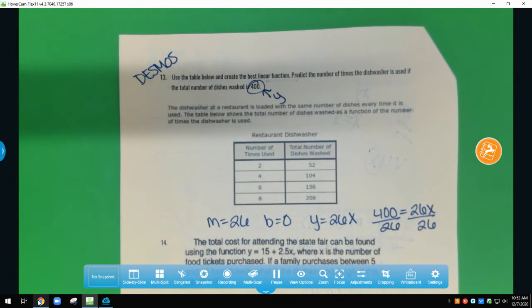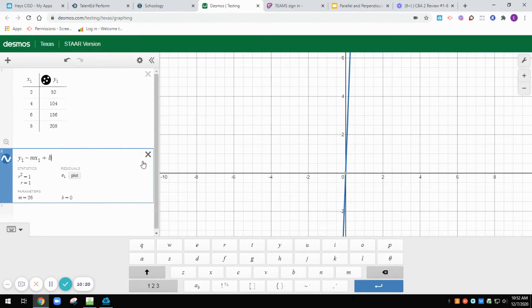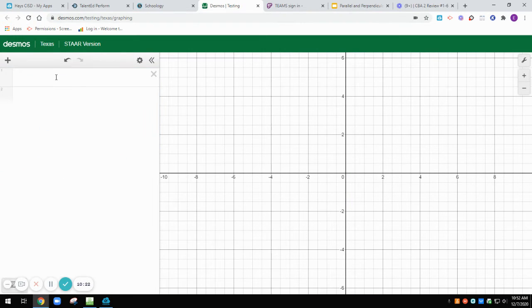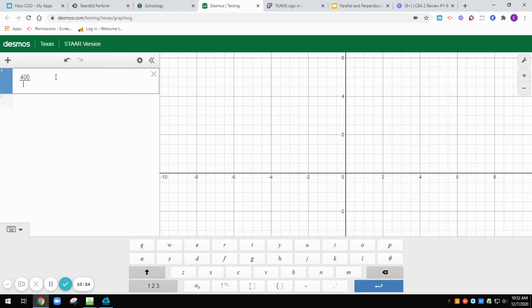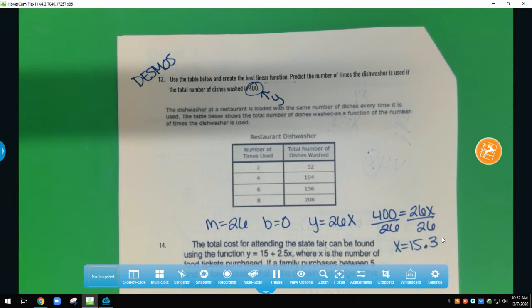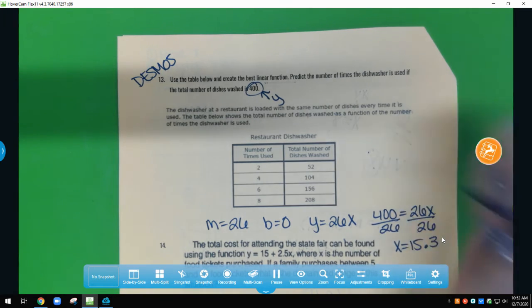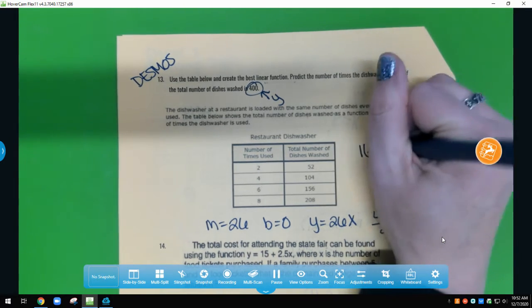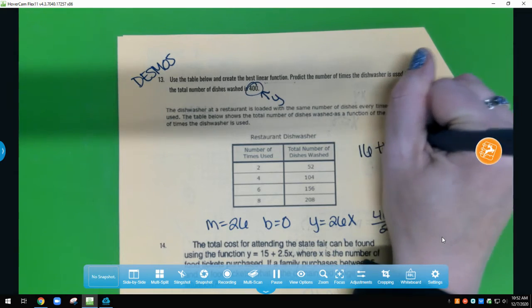So when I do that, I get 15.3, but I can't run the dishwasher 15.3 times. If I only run it 15 times, I'm not going to get all the dishes washed. So my answer would be 16 times.